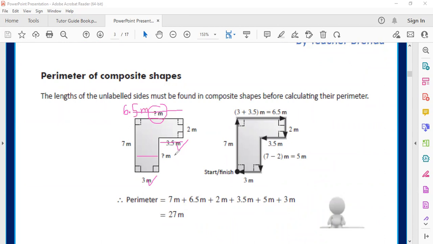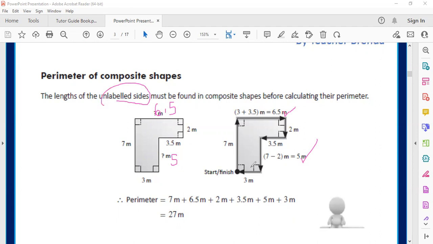Got it? Now, how about this? The whole thing is 7 and this thing is 2. So this is how much? Put in chat. 5. Very good, Sridhar. So now I have all the sides that I'm looking for. This is 6.5 and this is 5.